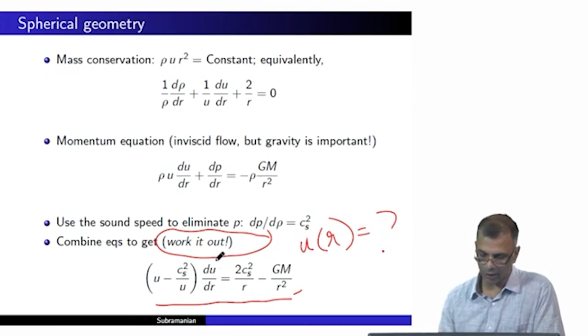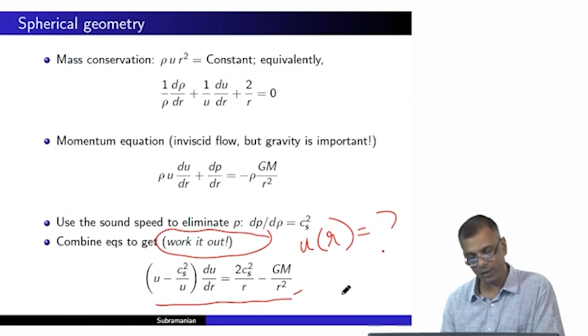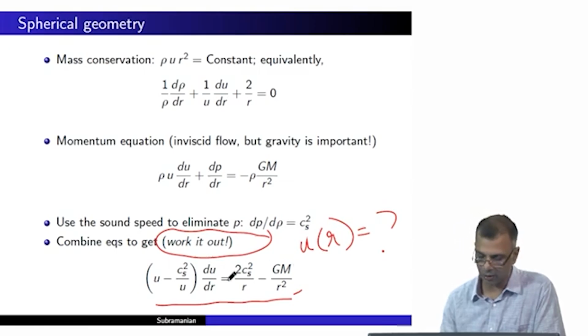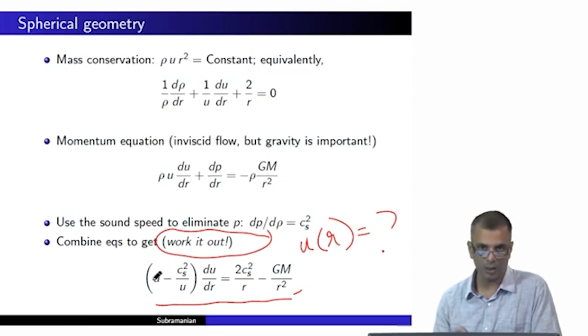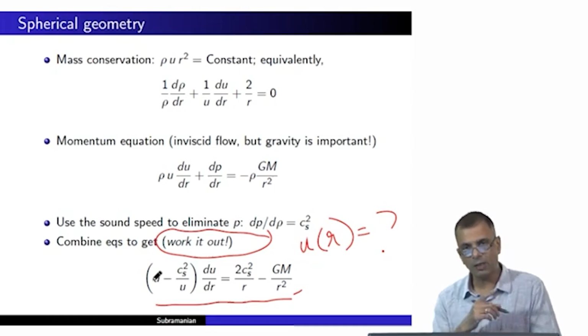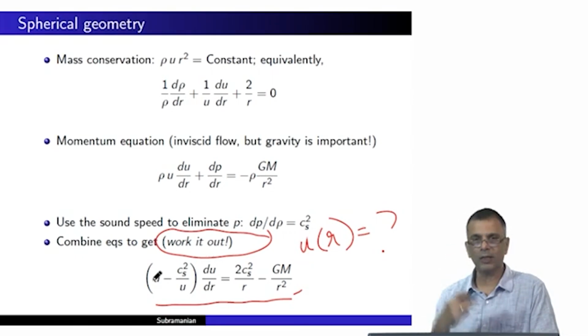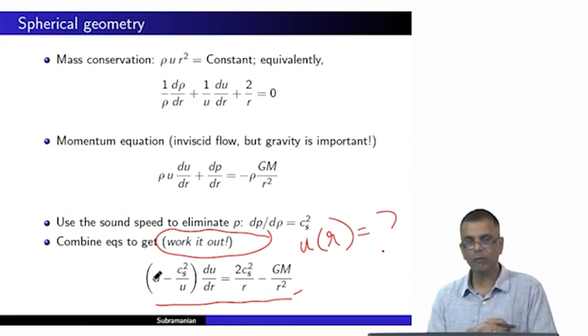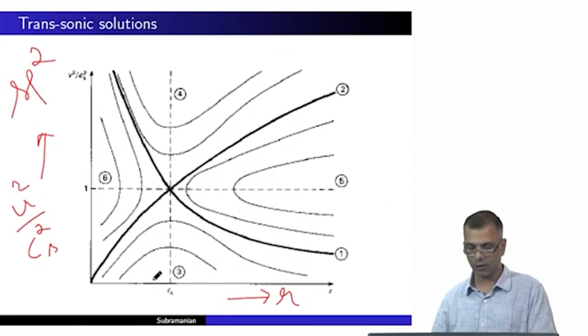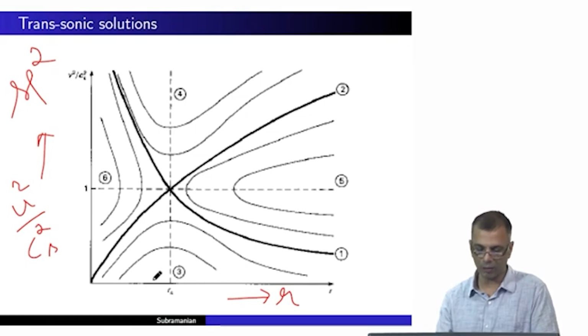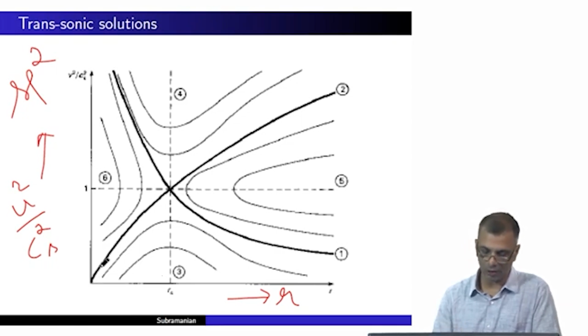In order to do that, you take this du/dr to the right hand side. du/dr is equal to this term divided by this term, isn't it? And you integrate it, and you'll have a constant of integration. Depending upon what that constant of integration is, you will arrive at different solutions, and these represent different possible solutions. You have several classes of solutions. You have a solution that can look like this, a solution that can look like that.